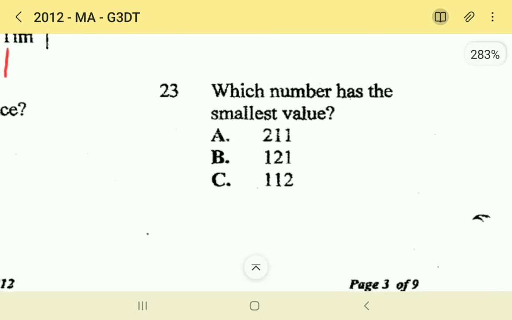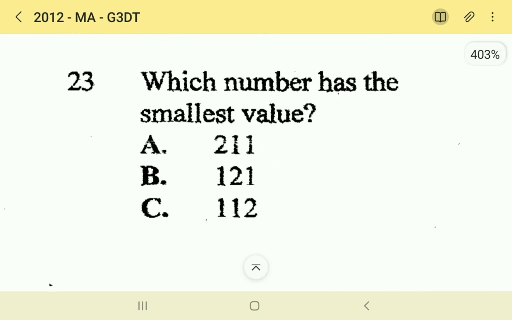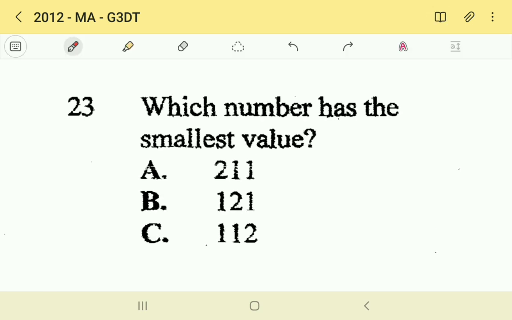23. Which number has the smallest value? This one is also a repeat. A says it's 211. B says it's 121. And C says it's 112. So which one is the least in value? I think in the next paper they put the 112 at B. So don't just go trying to remember which letter.